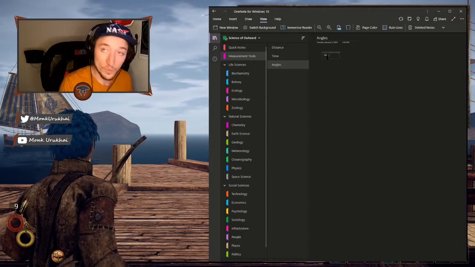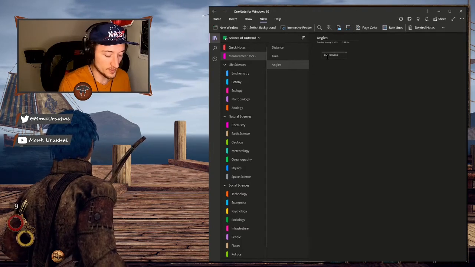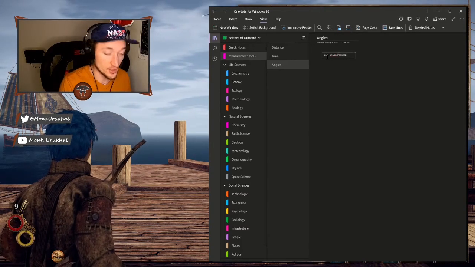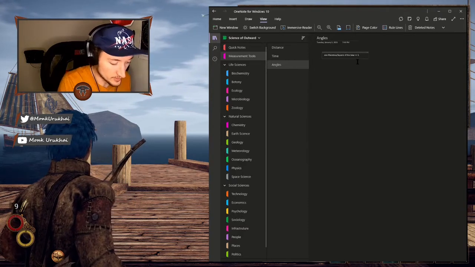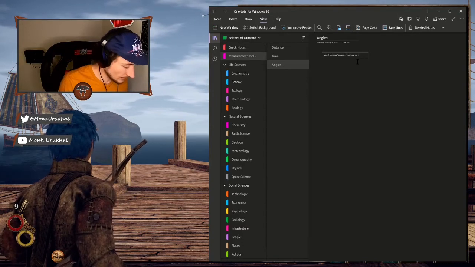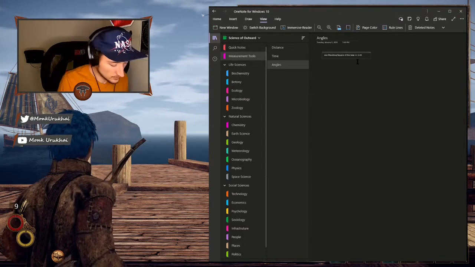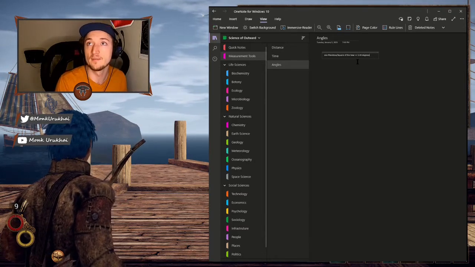So, one rhombus slash square is equivalent to 1.43. We'll keep it at that degrees.